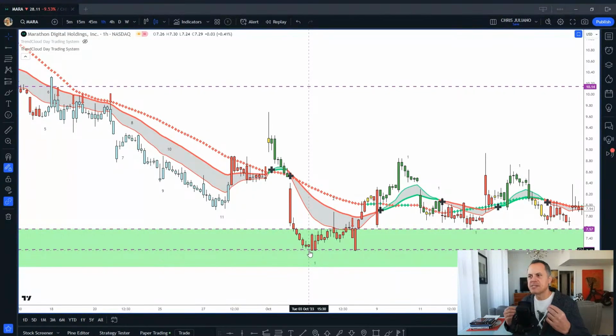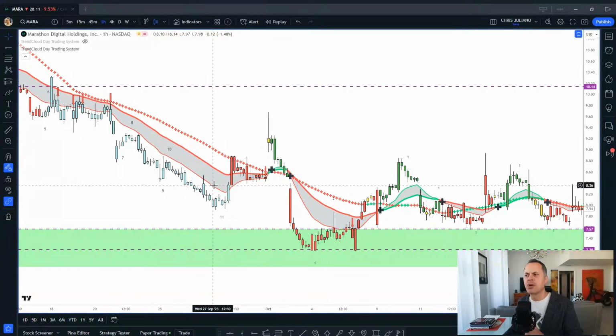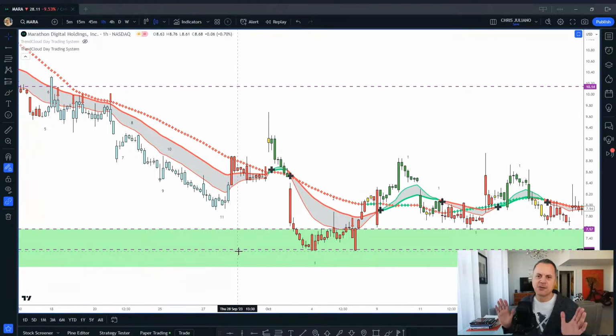So if you have a system that helps you identify these zones and helps you identify where you're at in price action, and you start taking demand zones or supply zones in an extended trend, look at how close this trend is that's extended. Look how close it is to this demand zone, right?